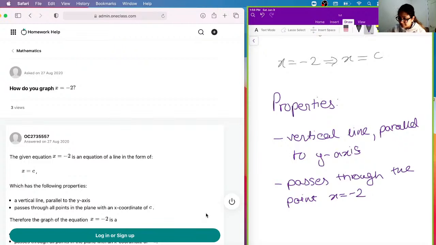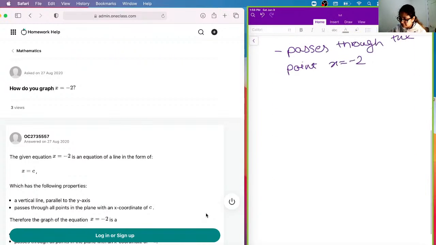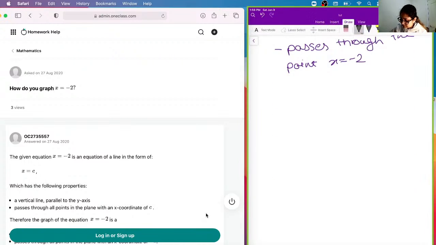With this in mind, we can basically draw out the graph. Okay, you would have -2 here. This is your 0, x, y, and your line would basically go like this.